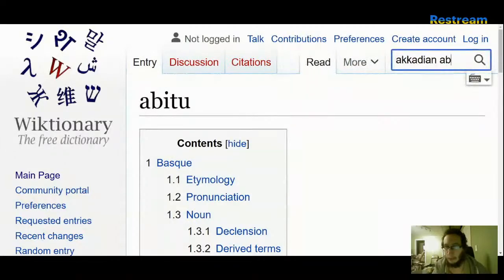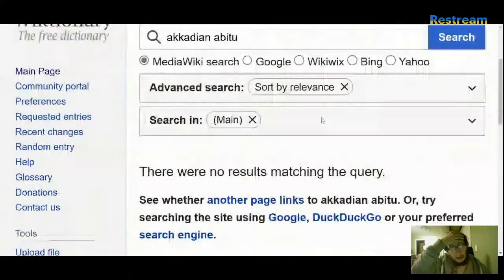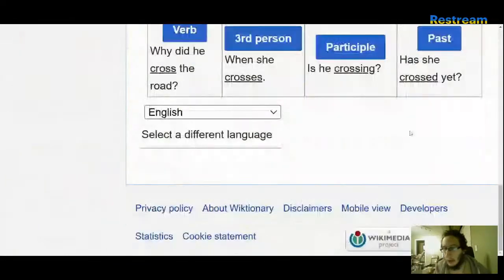Akkadian Abit. No, it's not there. So we're going to look at the Sumerian dictionary. Let's see.